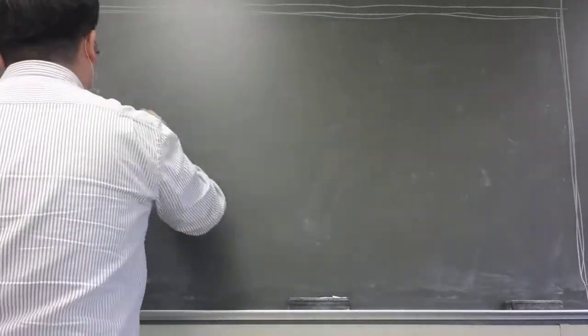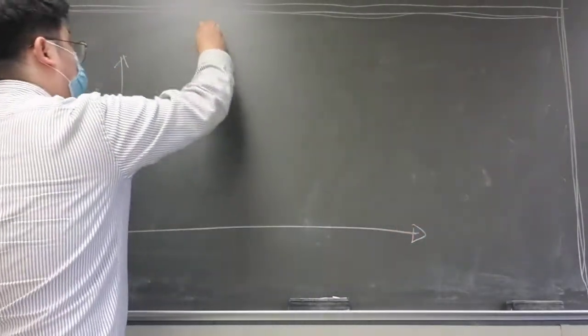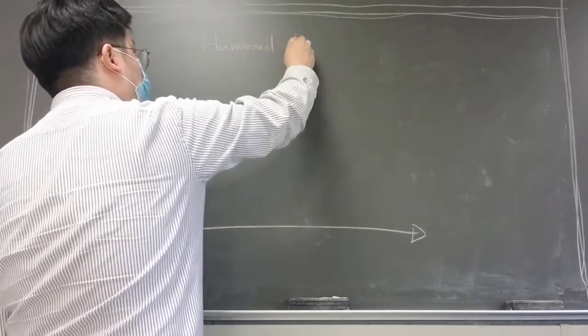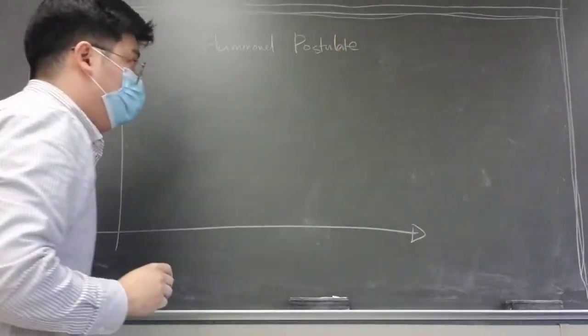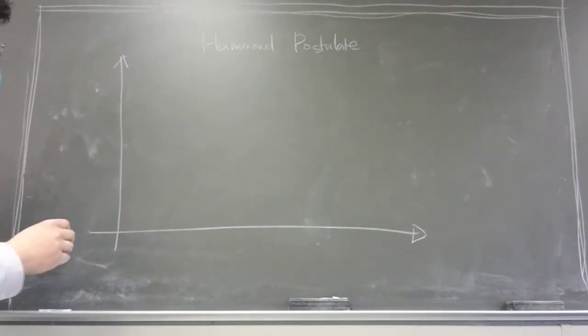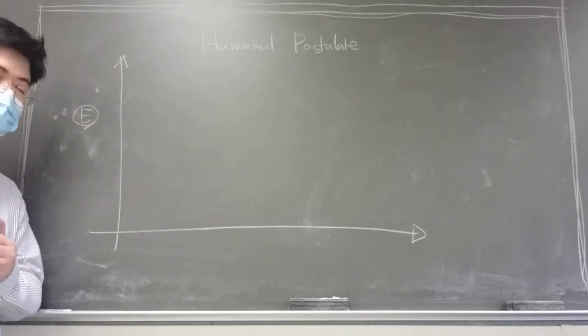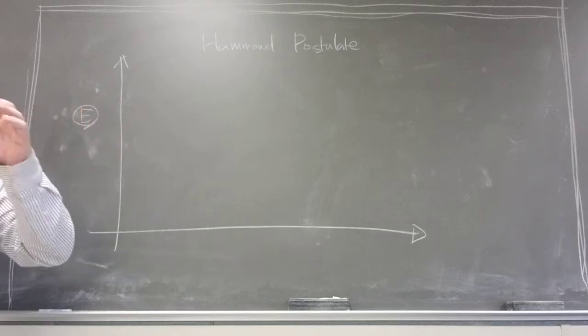So another one I want to talk about is the Hammond postulate. This is something where it will be really good if you can watch the previous video on the YouTube channel too. But let me do a quick review for you anyway.